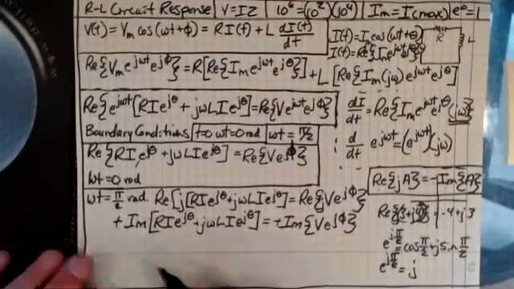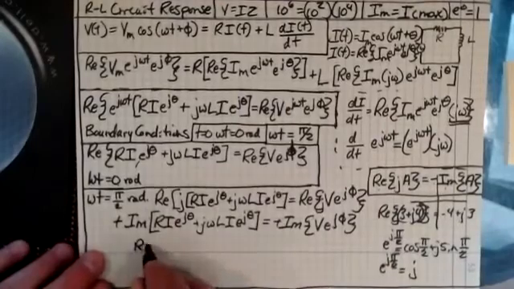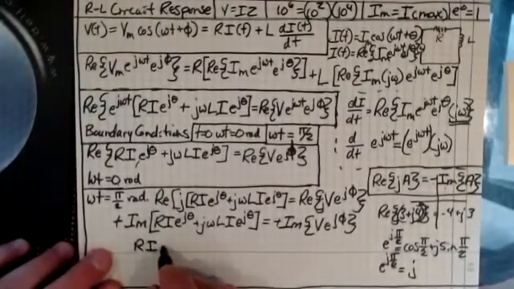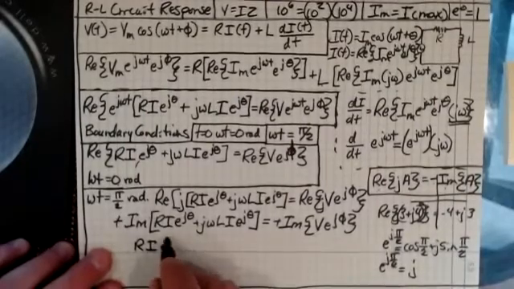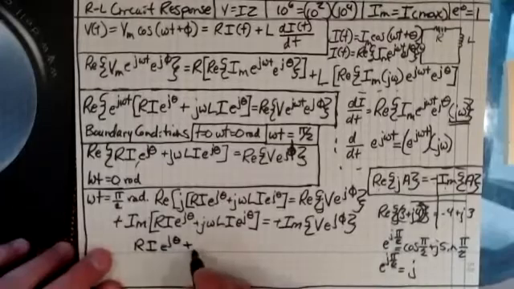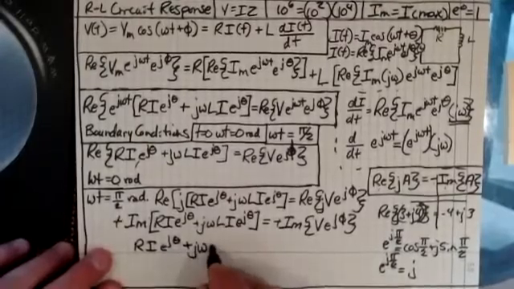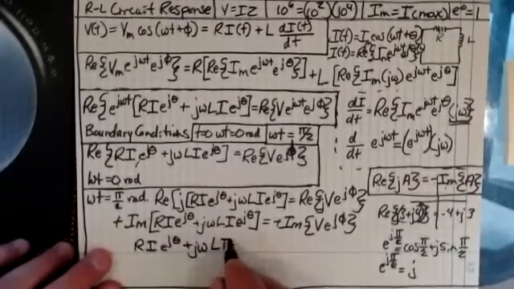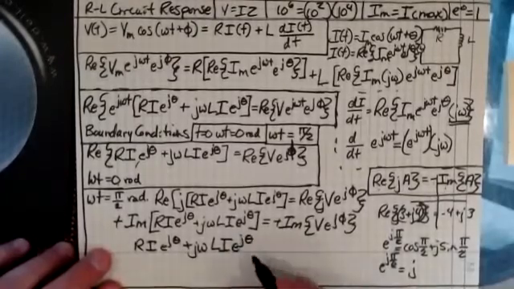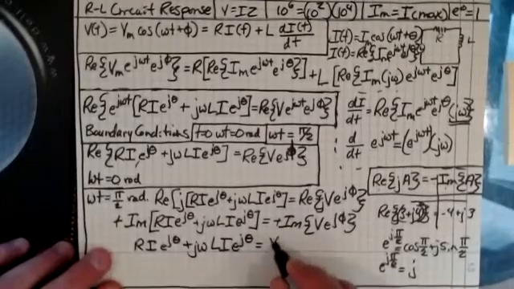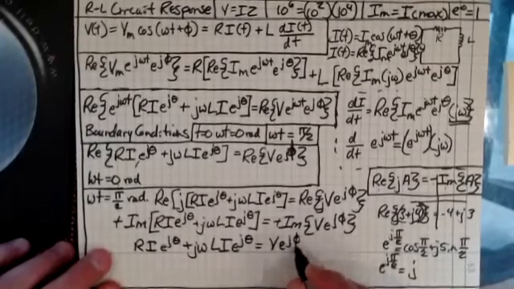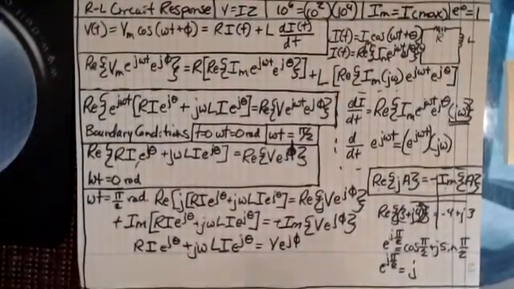So I get R I e to the j theta plus j omega L I e to the j theta equals V e to the j phi. I'll write it all out. All right.